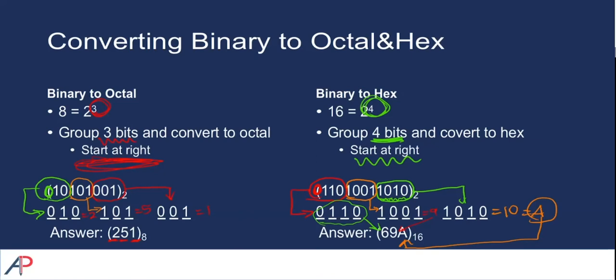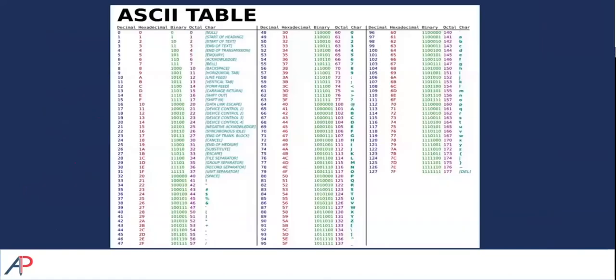I'm going to talk about one more quick thing, and then I'm going to revisit it next week, and that is the ASCII table. So hopefully you guys remember the ASCII table when we were talking about strings in Python. Every character, not just in Python, but in every programming language, is given a numerical value.